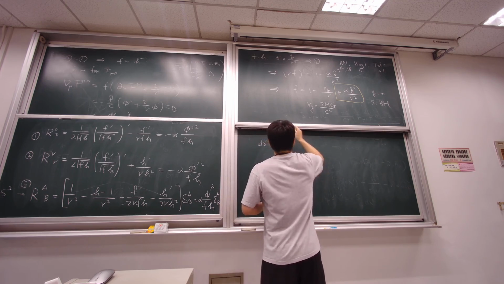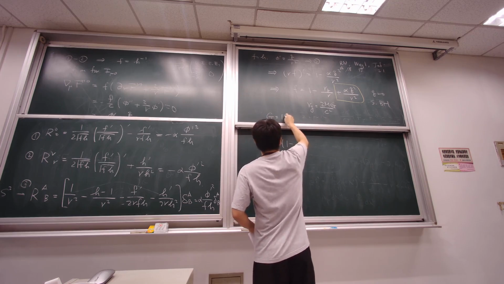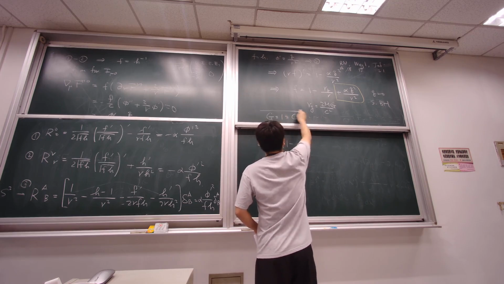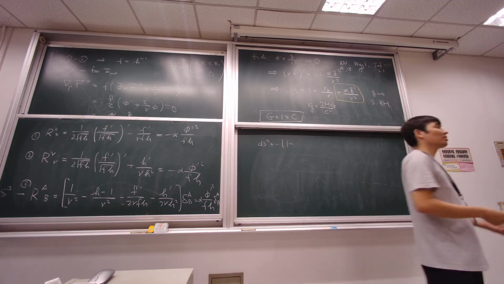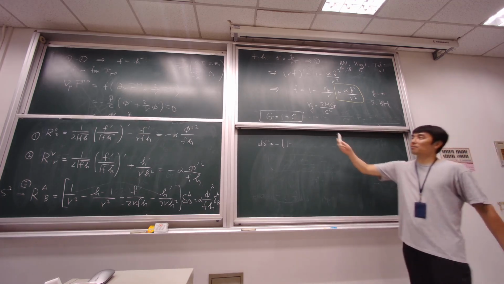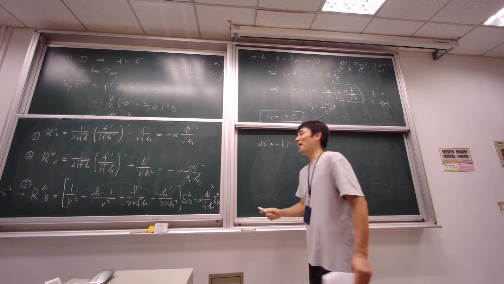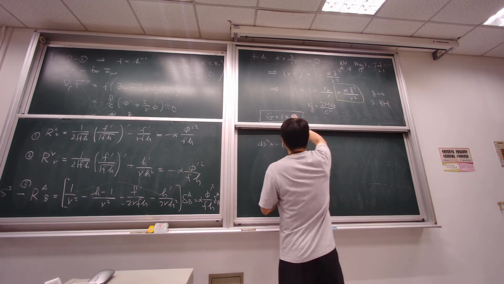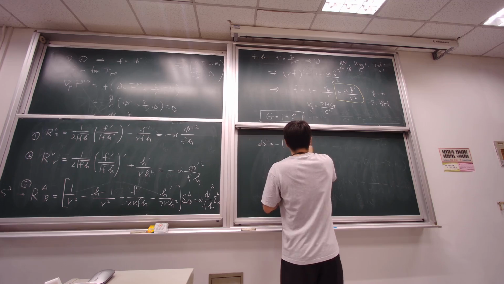Minus 1 minus, now set, as I mentioned, I don't like G and c, so from now on I just set them like this. If you want me to talk about gravitational redshift and so on, maybe I will have to restore them. But for the time being, let's set this. And then the metric becomes like this.